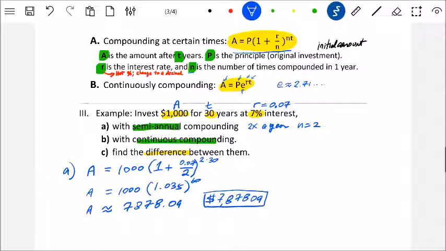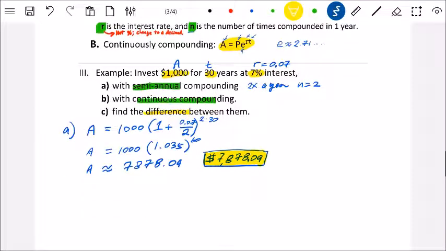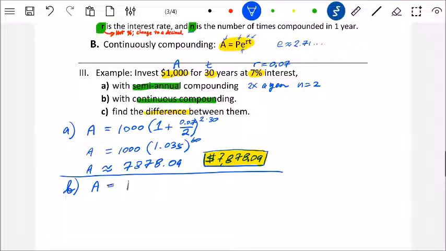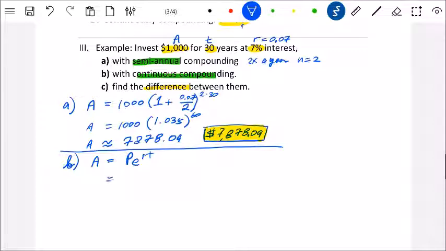This is the kind of thing where you have to show the dollar sign or write the word dollars, or it doesn't actually make sense. And that means I also need to put a dot in here very clearly so it makes sense. Now I'm going to draw a little line here, and I'm going to do B. And now it's the continuous compounding formula, and that's going to be equal to 1,000 E, and that rate 0.07 times 30.